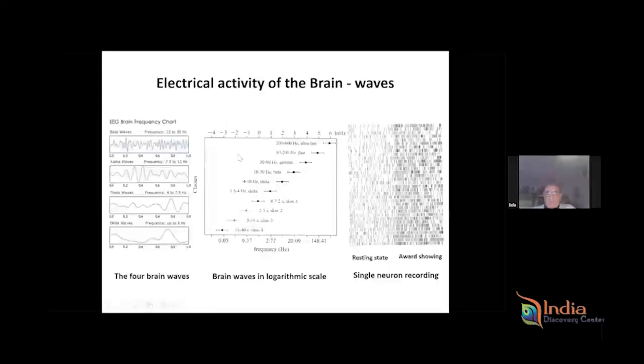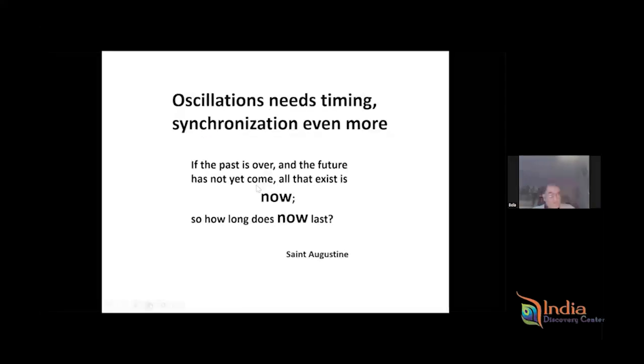And then the oscillation among the neuronal cells can be built up easily.